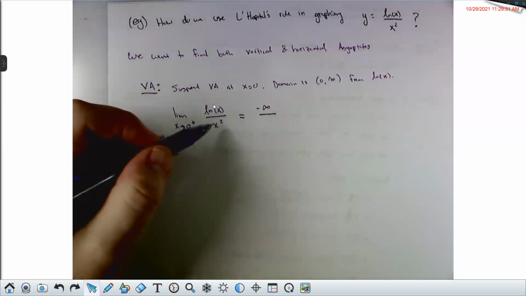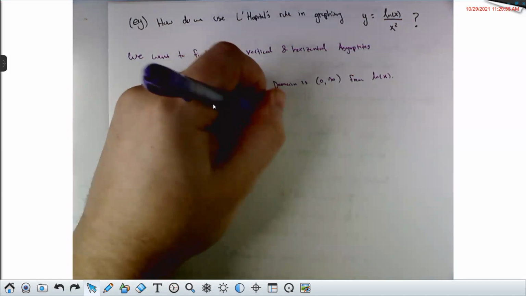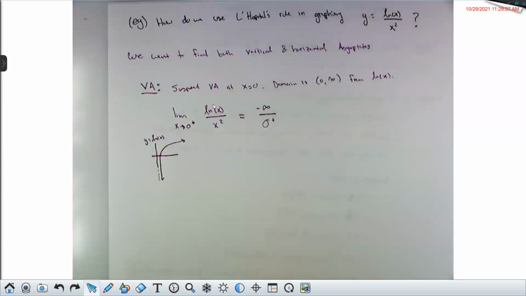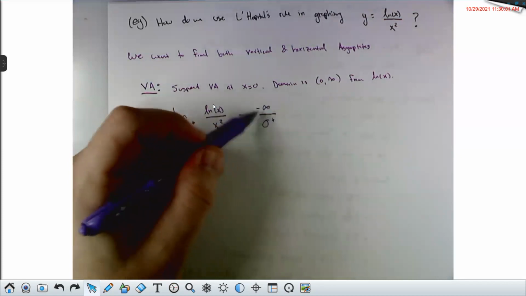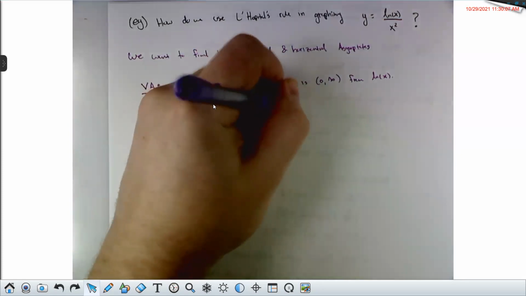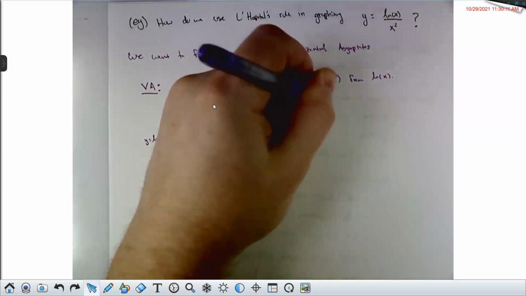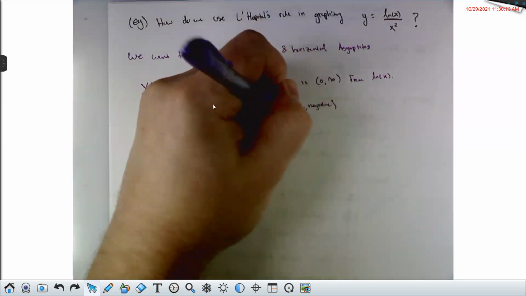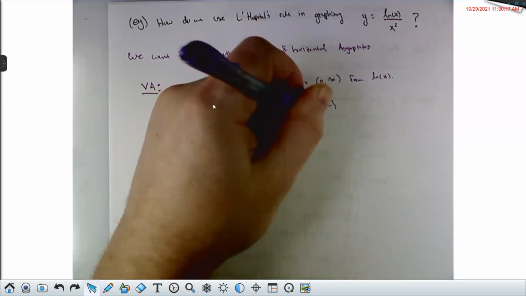And since it's an x squared, even if we weren't going to 0 from the right, this would be like a 0 plus. So what is negative infinity, or a very, very large negative number, divided by a very, very small positive number? A very, very large negative number. Good. So a large negative divided by a small positive.